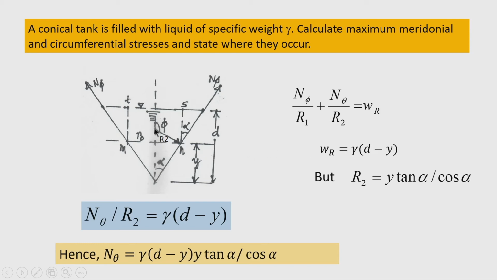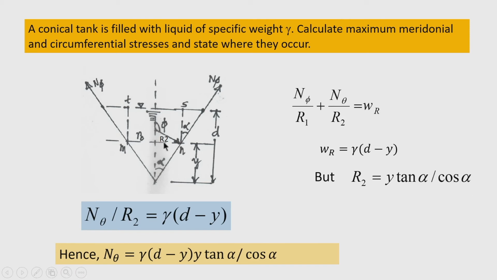r 2 is this distance, this radius of curvature. Now, r 2 can be expressed as follows. If I see this small triangle, this distance is y tan alpha and this angle can again be converted in terms of alpha.